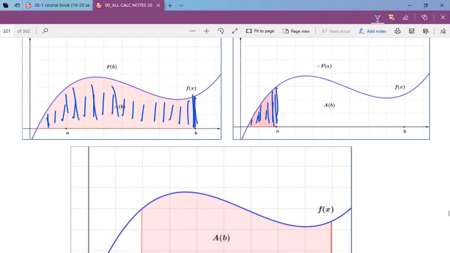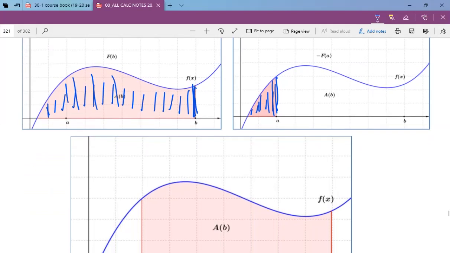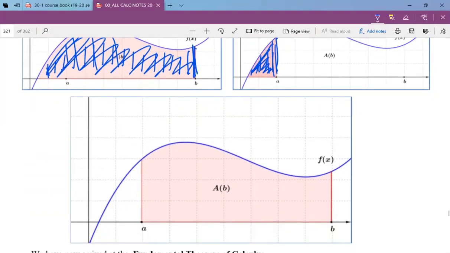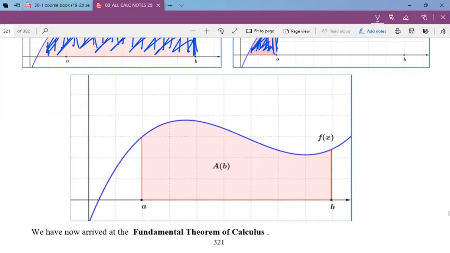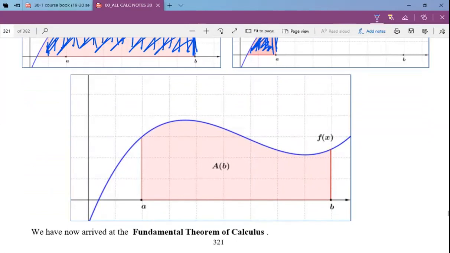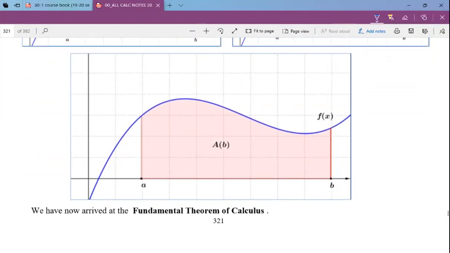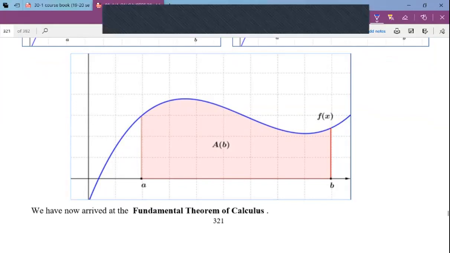If I take this whole area and subtract this portion, then what we're left with is just the area from a to b, which is called the fundamental theorem of calculus, which we'll look into in section 6.6.